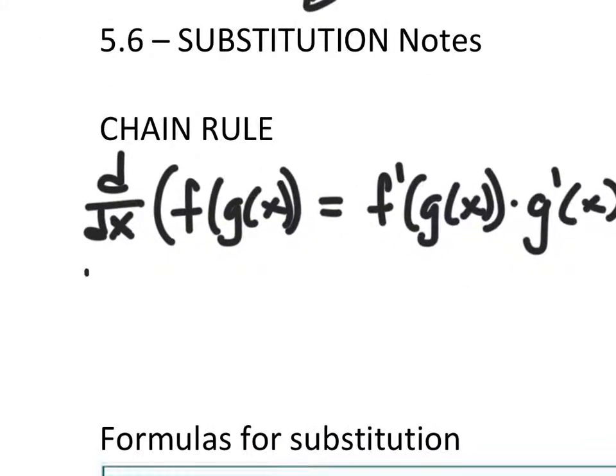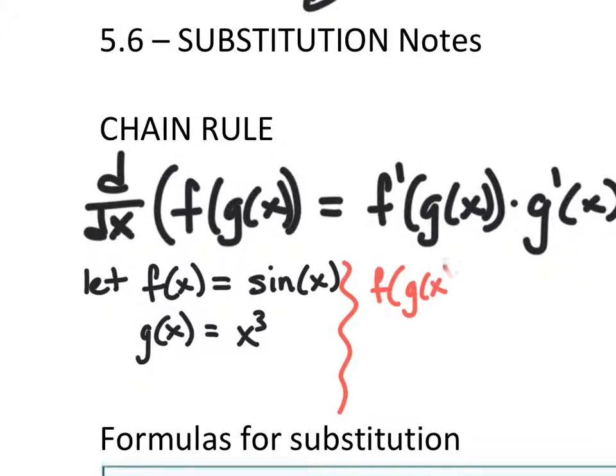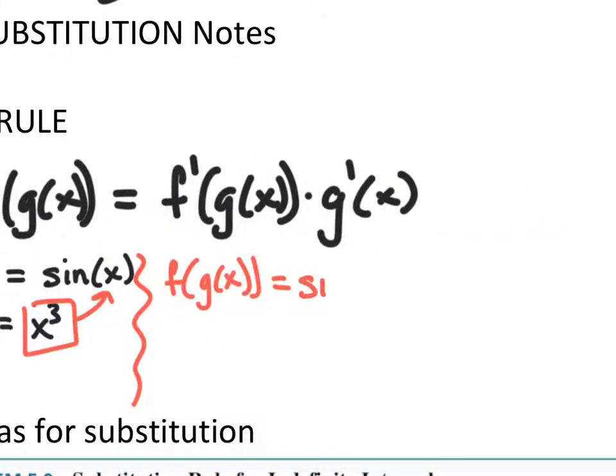Let's let f of x equal, say, sine of x, and let's have g of x equal x cubed. Okay, so if I were to write f of g of x, then that would just be me taking g of x, which is x cubed, and substituting it in for x on sine, which is going to give me sine of x cubed, okay?